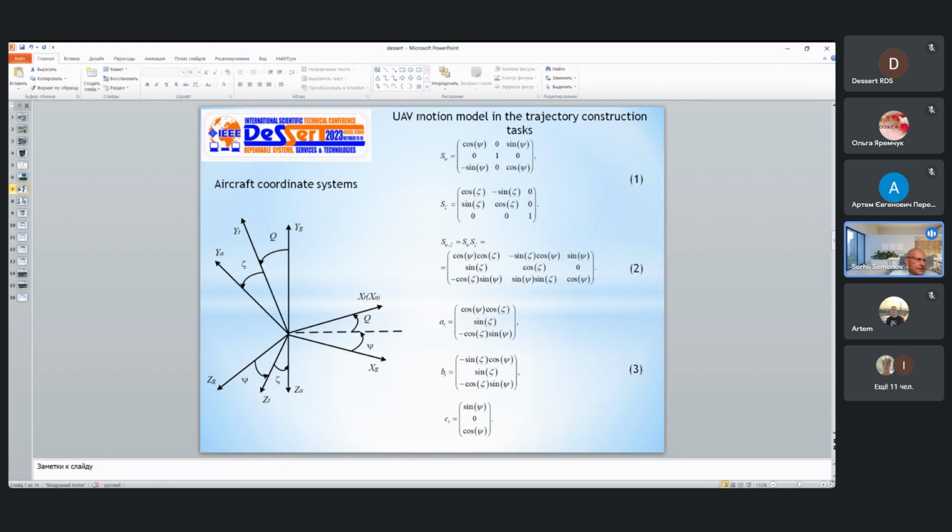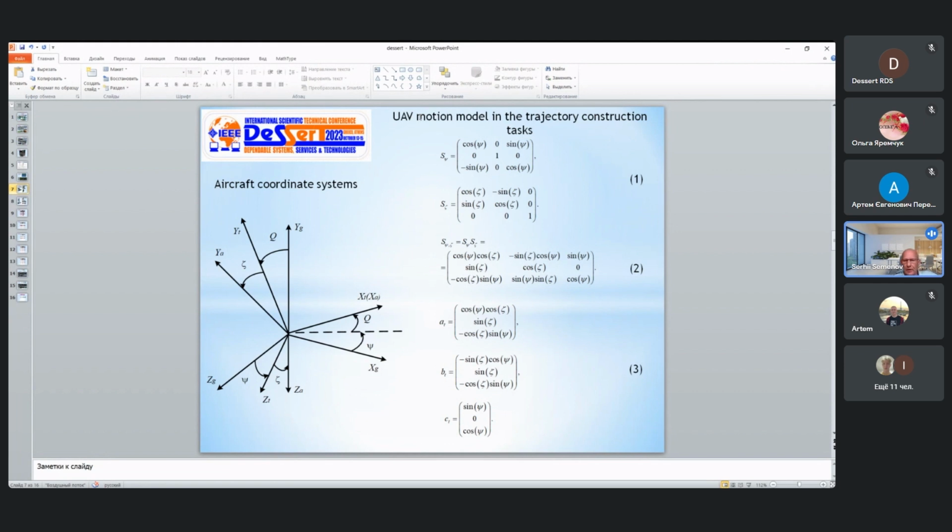The rotation matrices are of the form number 1. The transition matrix from the normal coordinate system to the trajectory coordinate system has the form number 2. The basis of transition vector of the trajectory coordinate system to the normal coordinate system has the form number 3.